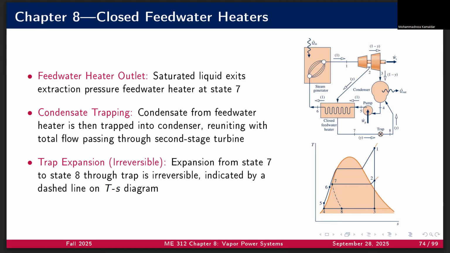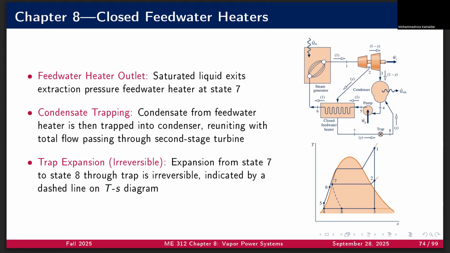The total mass flow entering the condenser is the sum of the two streams, the flow from the turbine, 1 minus Y, and the condensate from the trap, which is Y. So the addition will give us this 1.